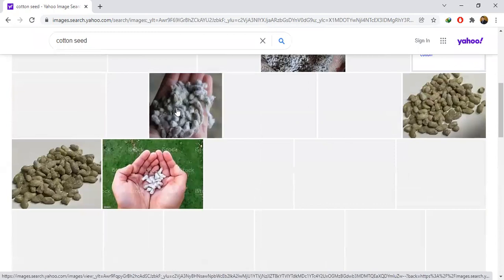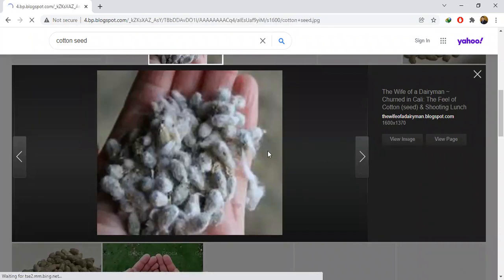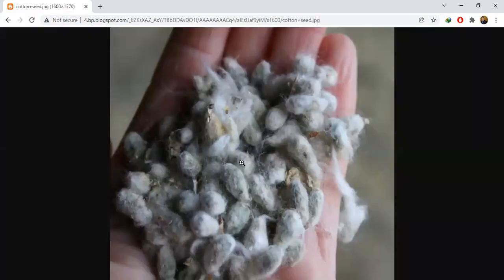A fine fiber can be seen covering the cotton seed, right? You can see here cotton seeds. But similarly, another one is also there.